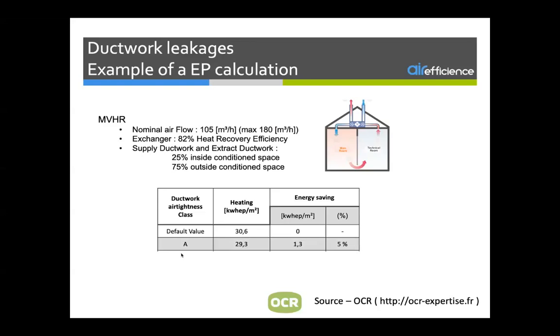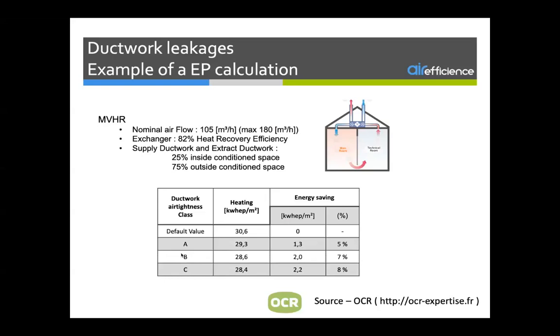If we use class A, you can see that there is energy saving 1.3. Class B, it's higher energy saving 2.0, and class C 2.3 energy saving. So it's just an example to illustrate the airtightness class in EP calculation.